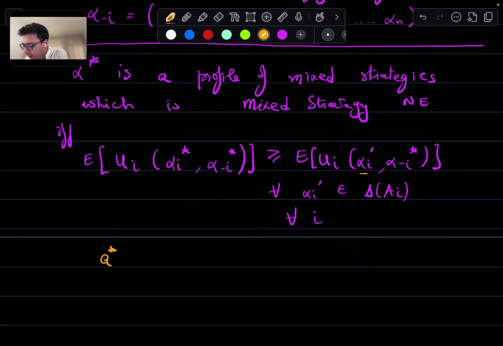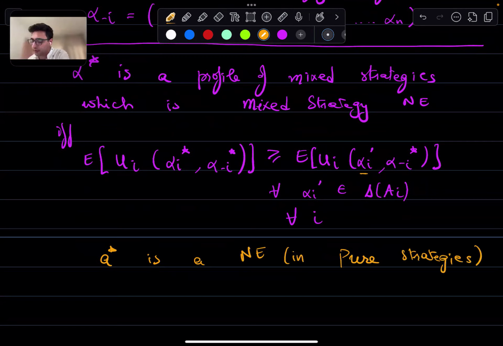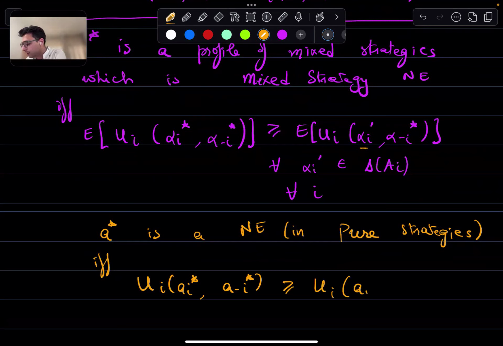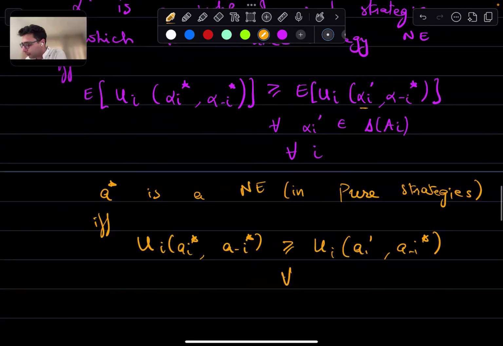So A star is a Nash equilibrium in pure strategies if and only if the utility that player I gets from choosing A I star given A minus I star is at least as large as the utility that I gets from choosing A I prime given A minus I star, for all A I in capital A I, for all I.